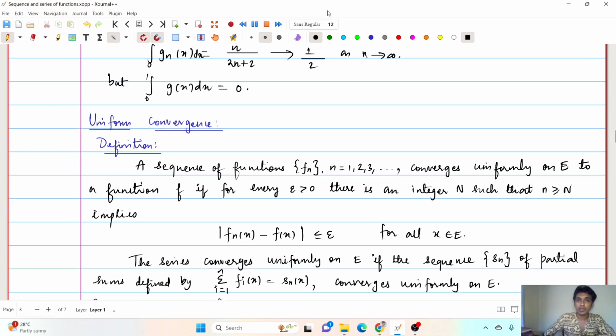Here we start with a sequence of functions. Here also our fn of x is a mapping from E to R. So this kind of sequence only we are considering.